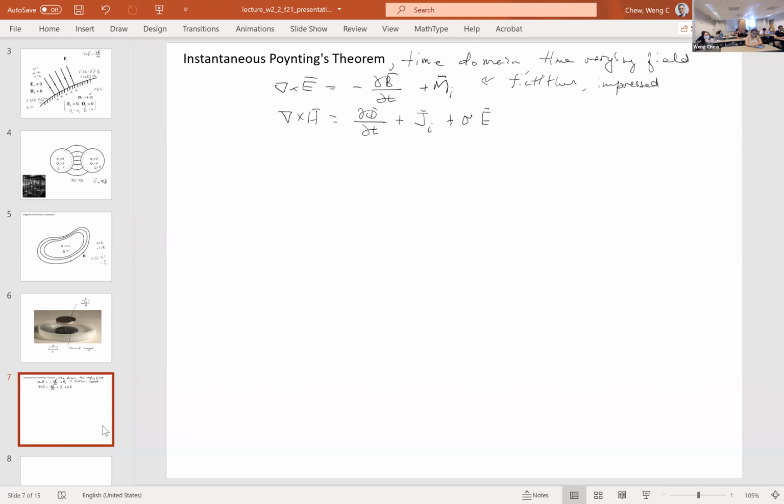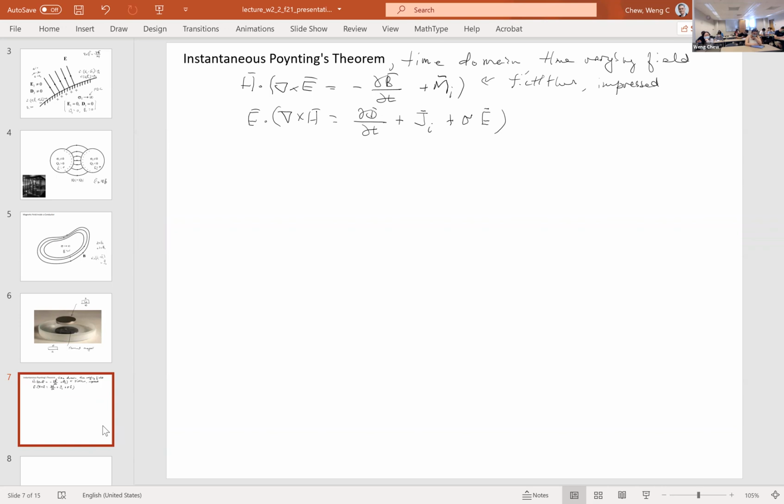As we said before, only two of the four Maxwell's equations are important if you're in the electrodynamic regime, because the other two are derivable. So let's play around with these equations and try to derive some conservation laws. So in order to do that, let me dot the first equation with H and dot the second equation with E. Okay, can you see that?